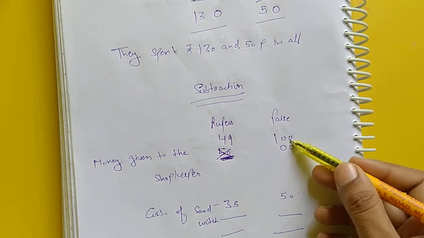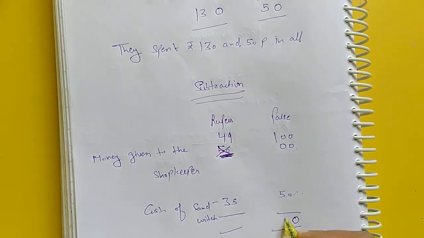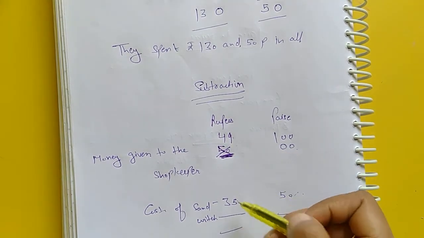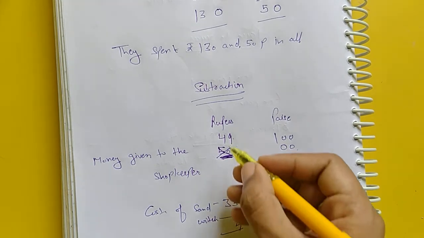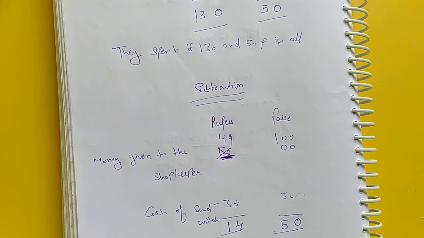Now subtract 0 minus 0, 0. 10 minus 5, 5. Now subtract 9 minus 5, 4. And 4 minus 3, 1. It means Sagar should get back rupees 14 and 50 paise.